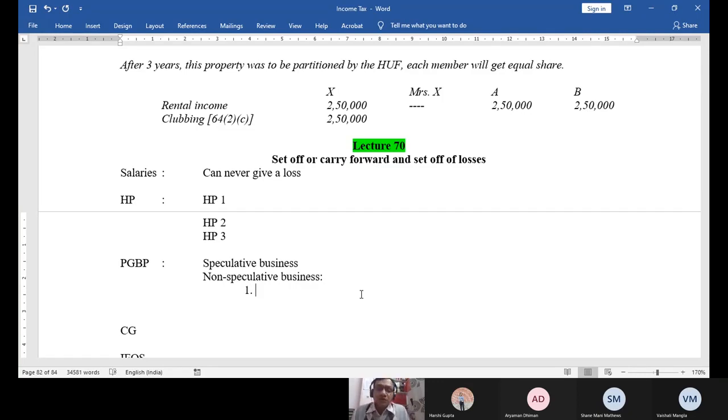It is not in our course, but I need section 35 AD for the purpose of this chapter, set off and carry forward of losses. Section 35 AD has some special businesses, cold chain, etc., which the Act calls specified businesses. That is also non-speculative, but within non-speculative it is special. Then all others are other non-speculative businesses.